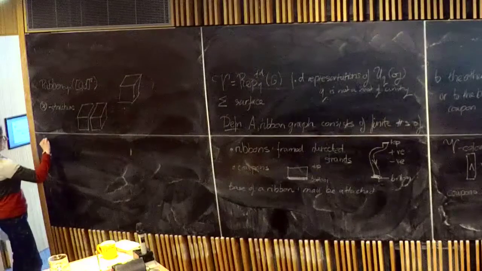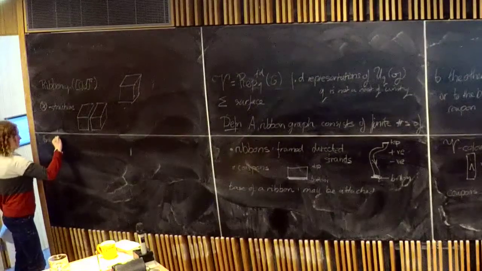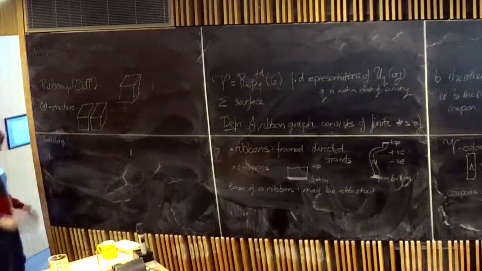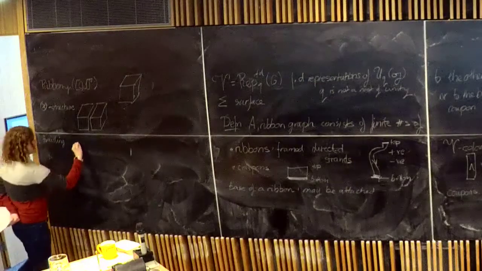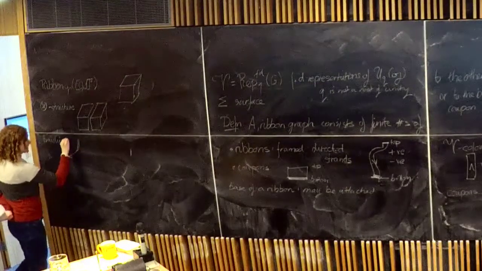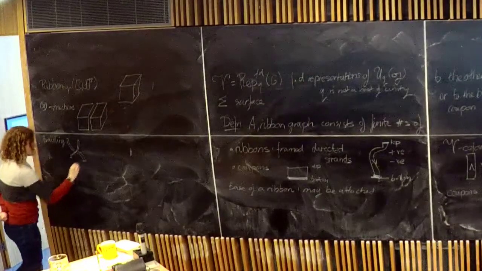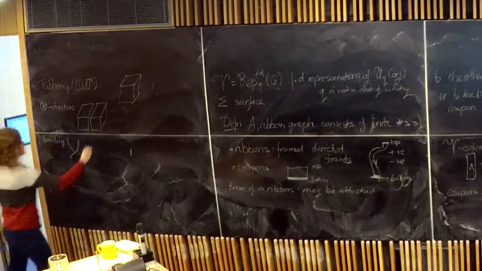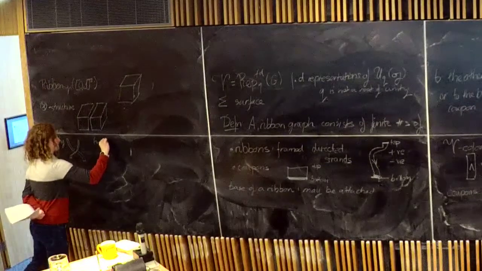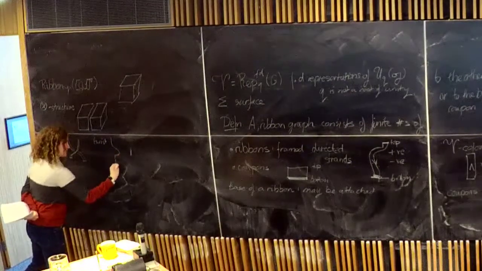We also have a grading, done in the natural way. We have a twist, done by twisting ribbons.